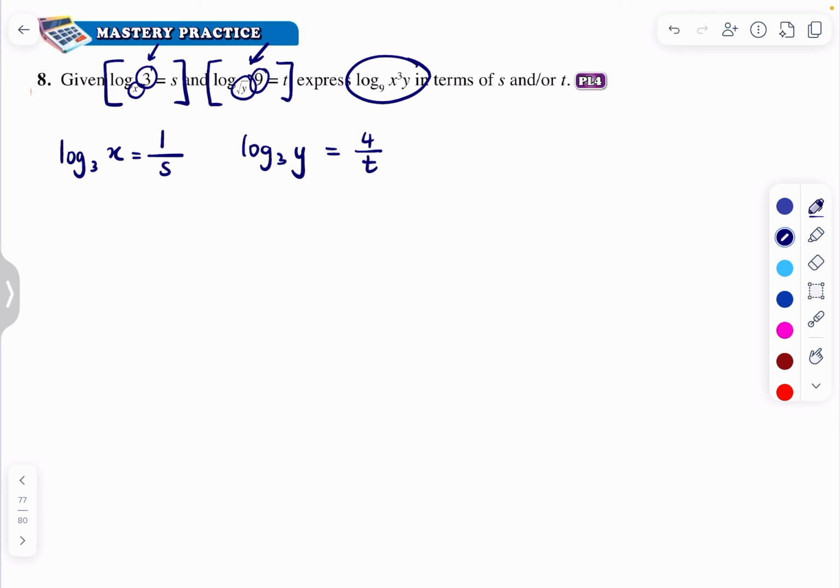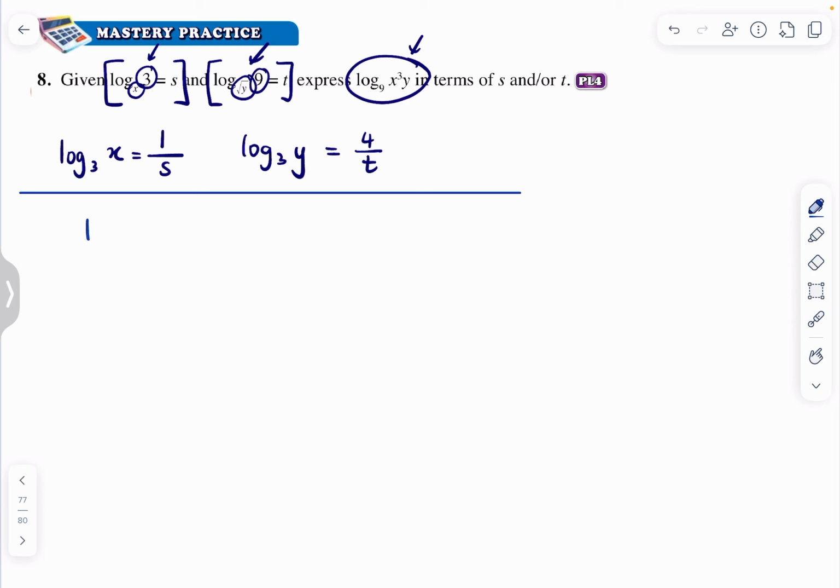Okay, now this one we can change to base 3 as well. So this is our question, log_9 of x cubed y. Oh, you know what, let me try using a different color so you don't get confused. So log_9 x cubed y, this is our question. To change this to base 3, we say log 3 over log 3.